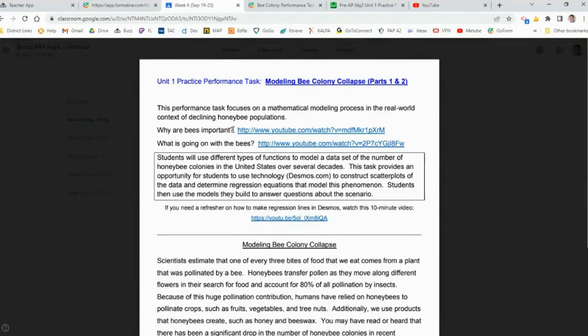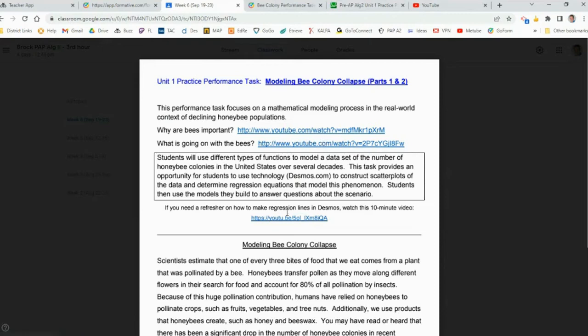If you're not aware of how important honeybees are to life in general, that honeybees are required for us to live, here's a video that'll help explain that. And then what's going on with the bees? Right now, there's a worldwide bee problem, and there's a video that talks about that. So those videos will help you.